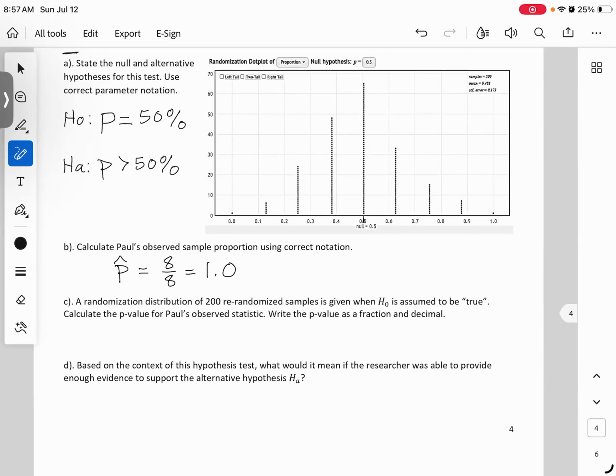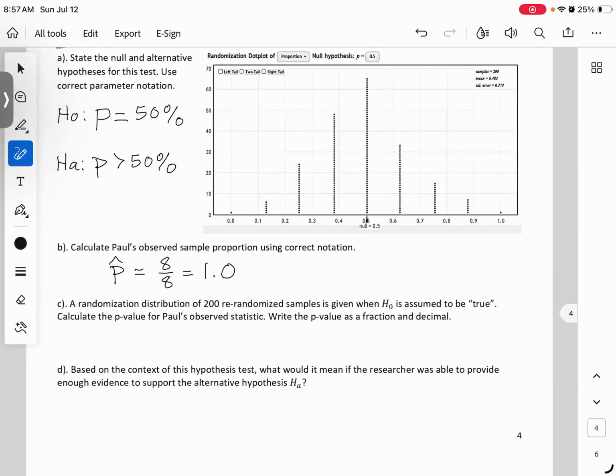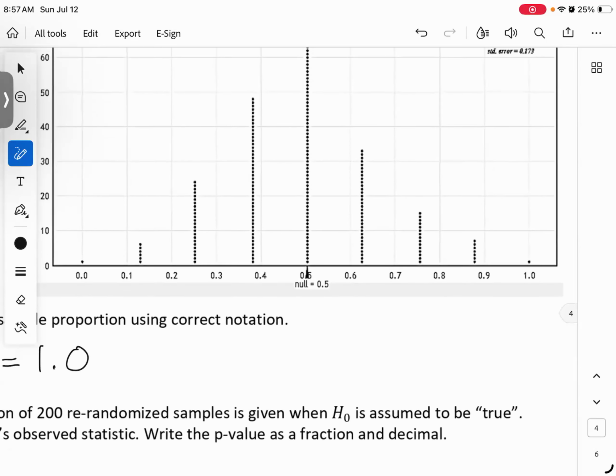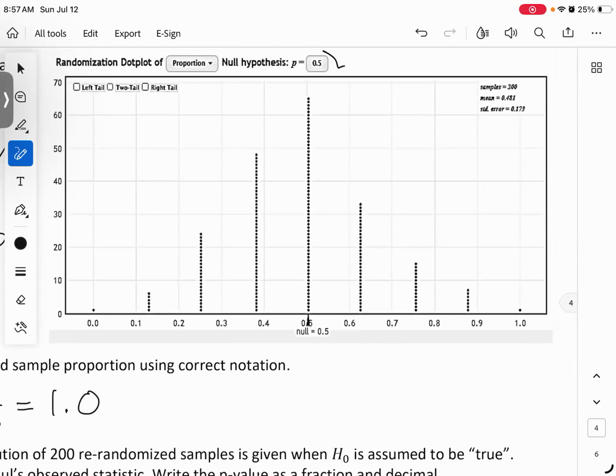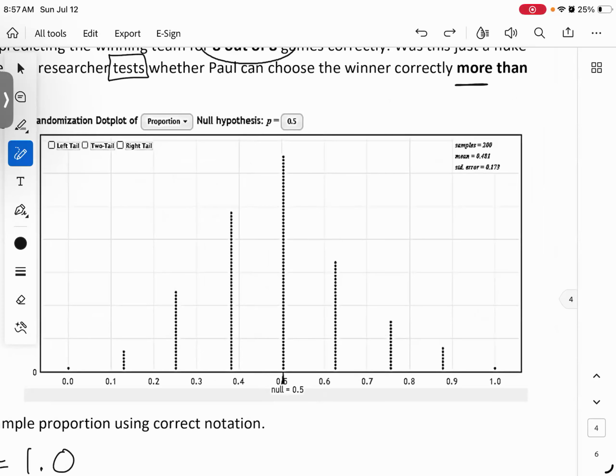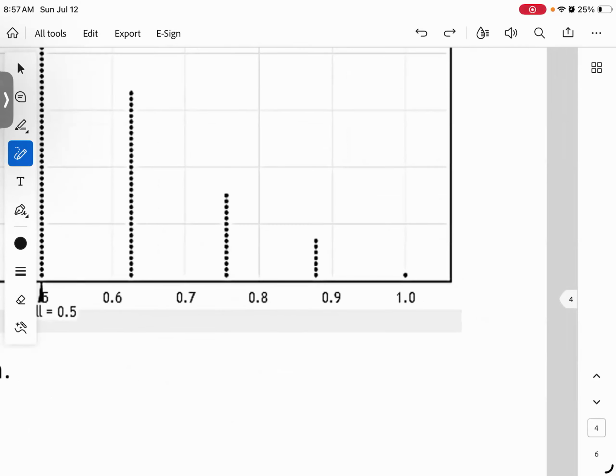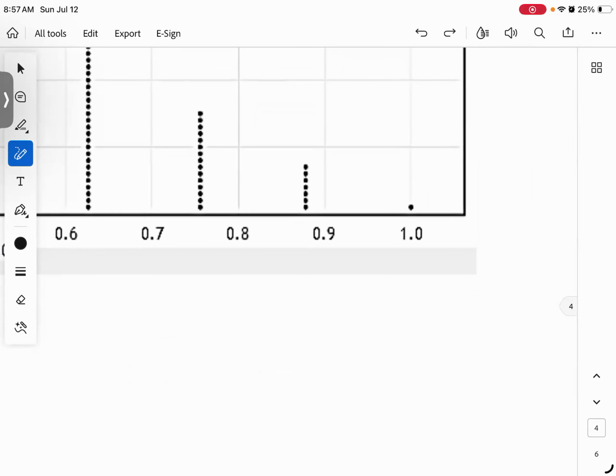Now, to get the p-value for that, you're going to take the 1 and look at the number line here. And look what's in the middle. First of all, what's in the middle is 50%. Then maybe it's true that he can only get 50% of them right. But let's see if we can contradict that. If you look at the bottom right corner, you can see 0.8, 0.9, 1.0.